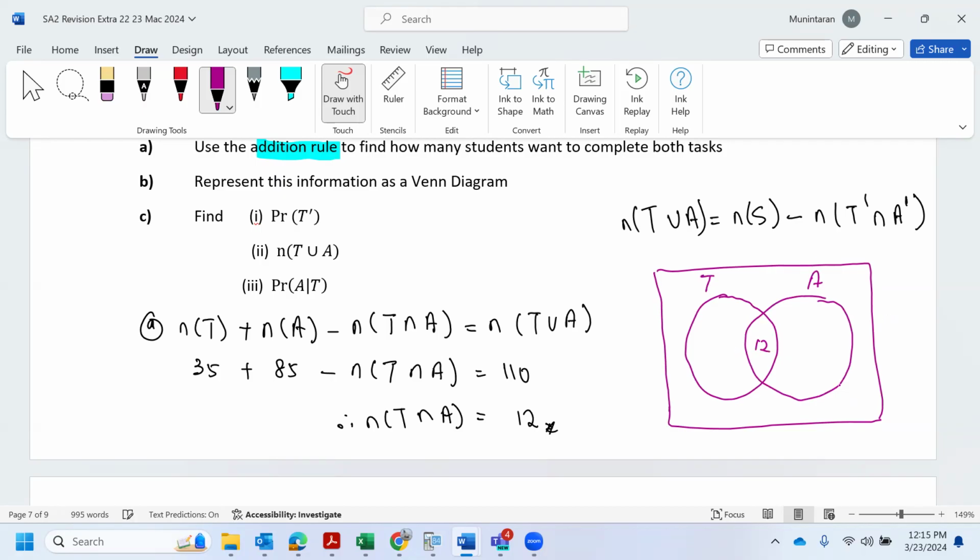Wanting to do neither is 10. Topic test is 87, so the balance should be 75 here, and A should be 23. Make a quick check. Add up all these four numbers. You should be getting 120.